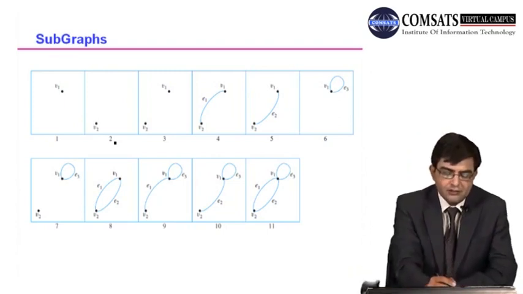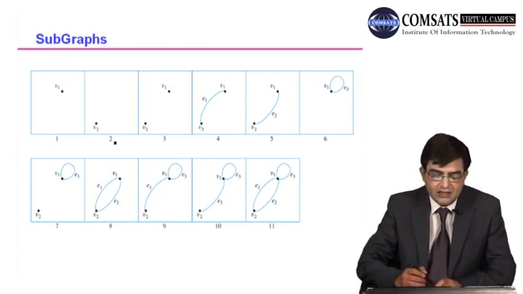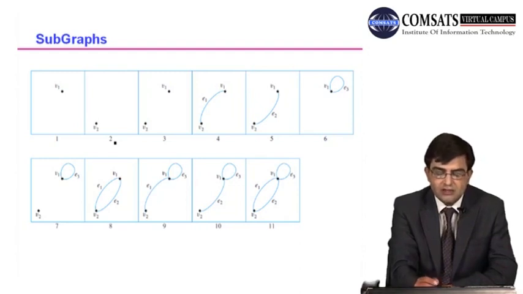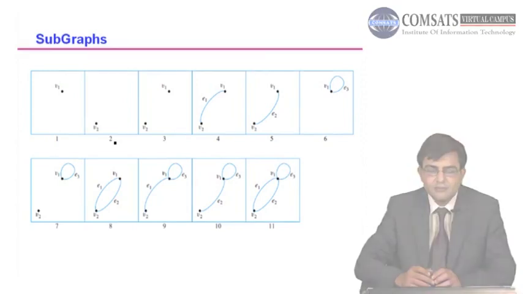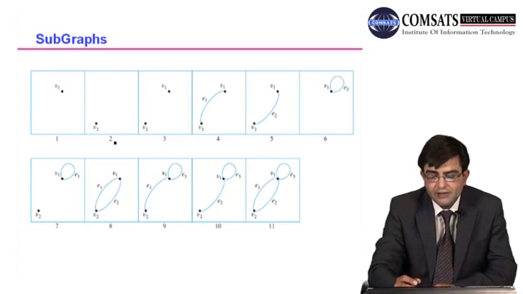If we write V2 in the second graph, this is also a subgraph. The third possibility is V1, V2, two vertices, which also satisfies all the conditions in the definition of subgraph. The fourth possibility is V1, V2 and edge E1.